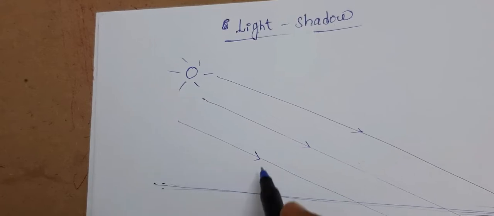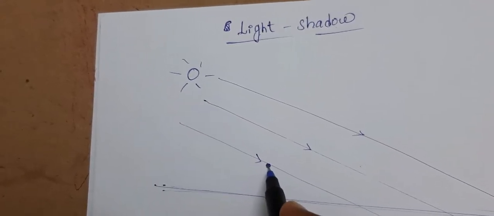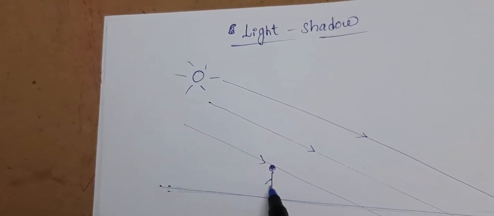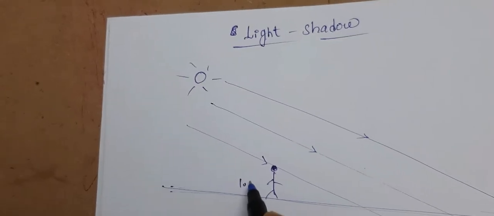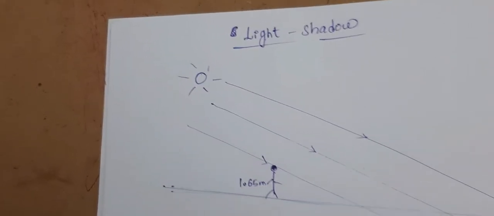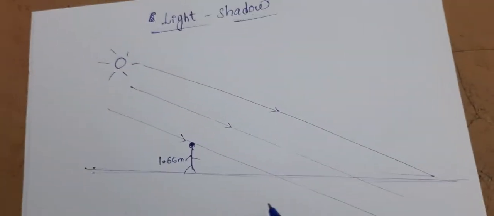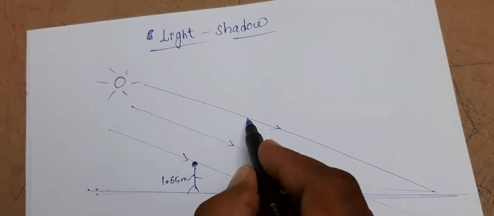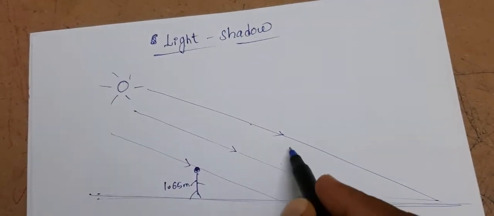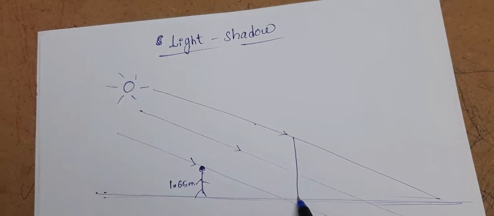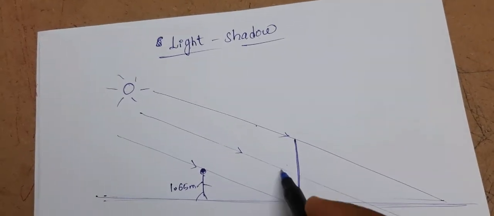Now see, for example, there is a person of height 1.65 meters, right? And here there is a building. The building's height we don't know.